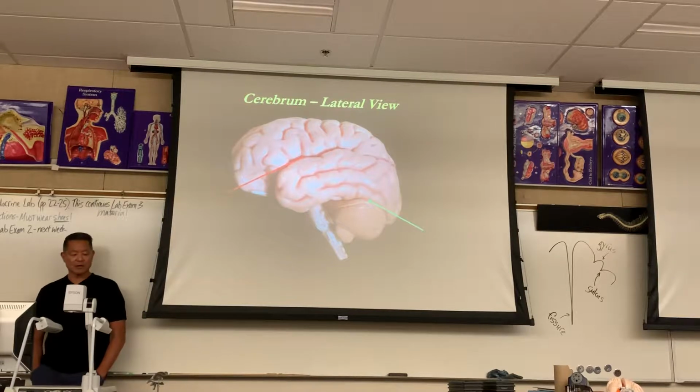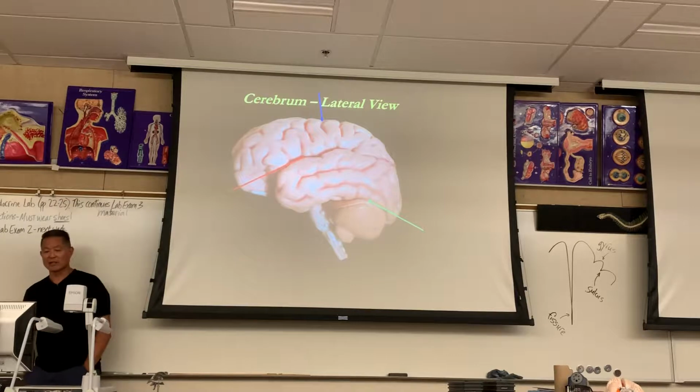And the lateral sulcus separates the temporal lobe from the frontal and parietal lobes. Blue arrow is again the same central sulcus, just like on the previous slide.